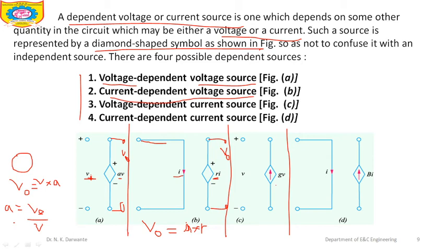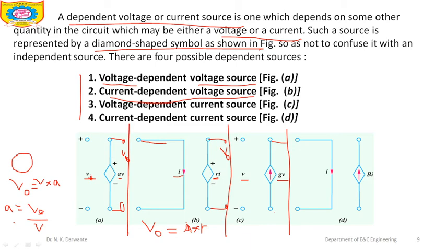Now here is the current source, here you can see the symbol of the current source. Here the output current depends upon the input voltage, and here G is given as the transconductance. Transconductance means how much is the ability of this current source to convert the input voltage into the output current.